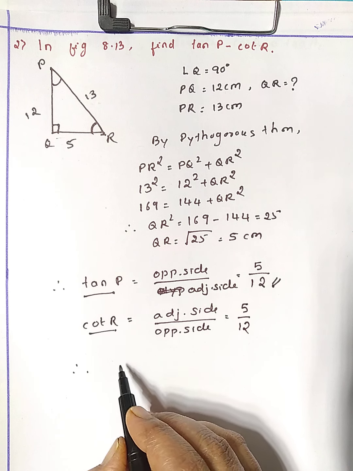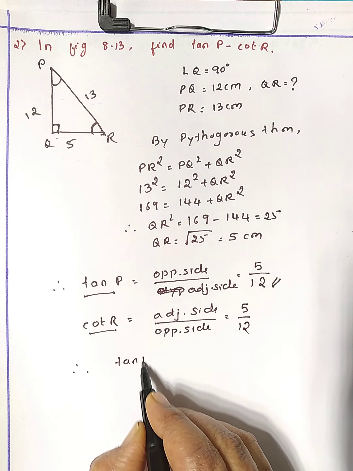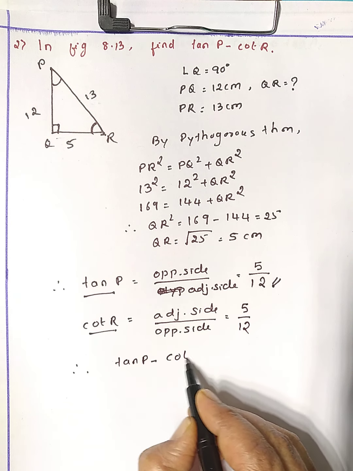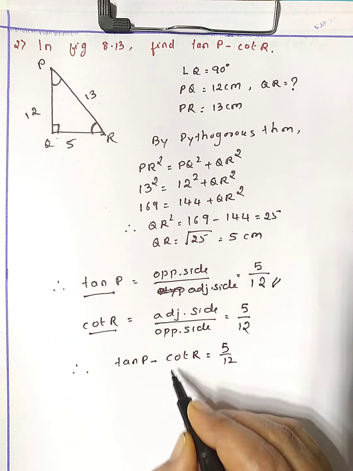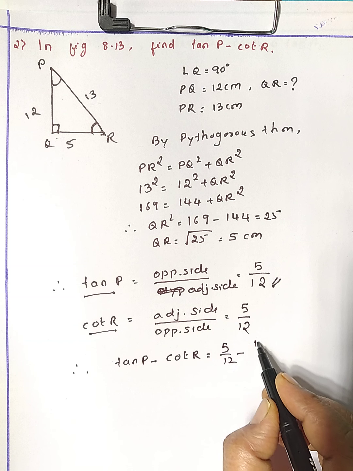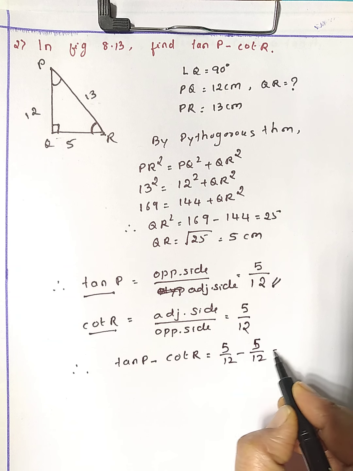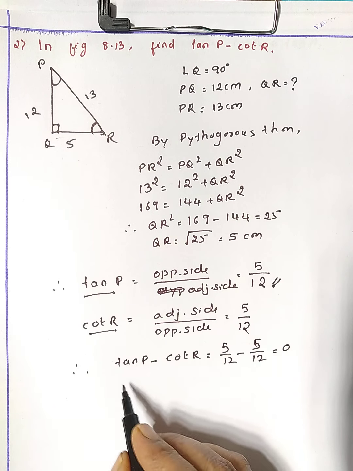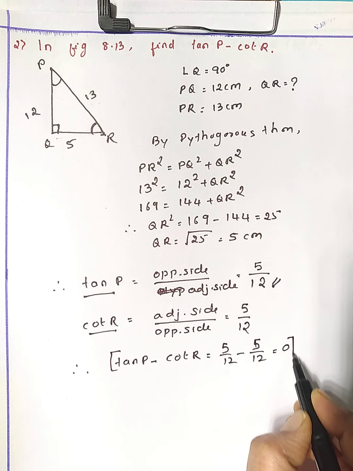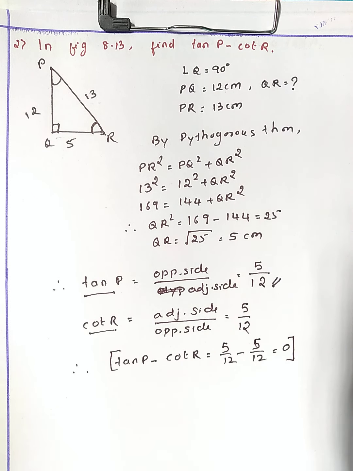Therefore, the question is tan P minus cot R. This is 5 by 12 and cot R is also 5 by 12. So 5 by 12 minus 5 by 12 is 0. This is the answer for the second question.